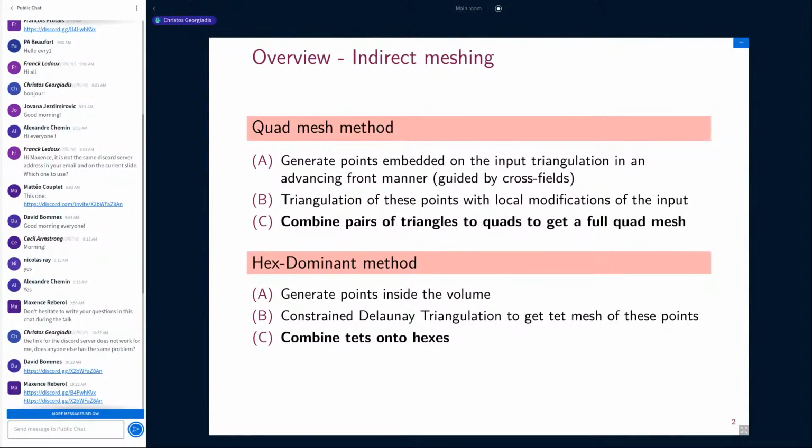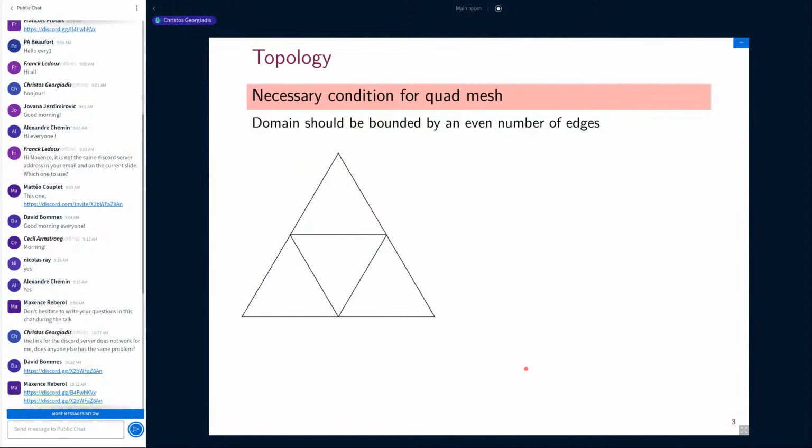A necessary condition for a quad mesh is that the domain should be bounded by an even number of edges. We know this. In this example, we have a domain that is bounded by an even number of edges, but still, if we combine pairs of triangles to quads, we will get some remaining triangles that cannot be transformed.